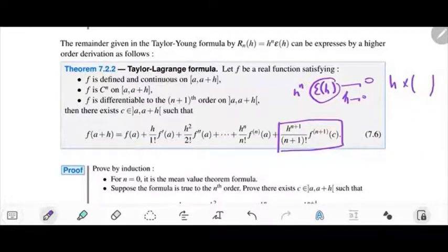Let me say it again. If you take this expression to the order 3 and then you write the remainder, whether in the Taylor-Lagrange or the Taylor-Young formula, the remainder is a hidden box. We don't know anything about it, but we know that it goes to 0 as h goes to 0. Okay, great. But if you write this formula to the order 3, let's say, and then you write it again to the order 6, it means that you took out from the remainder some terms, you added them to your polynomial, and then your new remainder is what is left in the remainder, right?